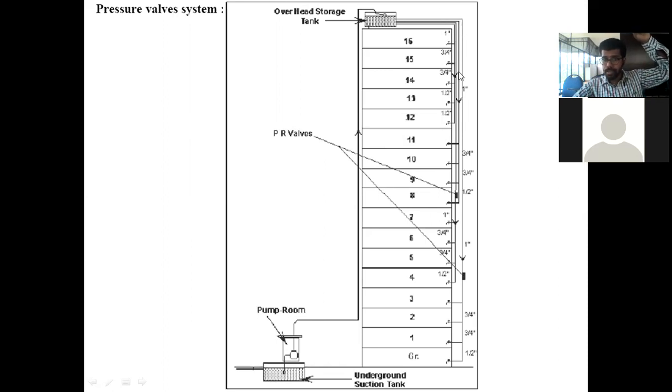If you allow the water to just flow from the 16th floor to this connection, all the fixtures on the ground floor, first floor, second floor, and third floor, all these 4 floors will be damaged. So what we have to do is give a pressure reducing valve.